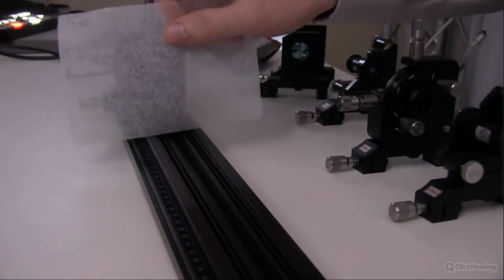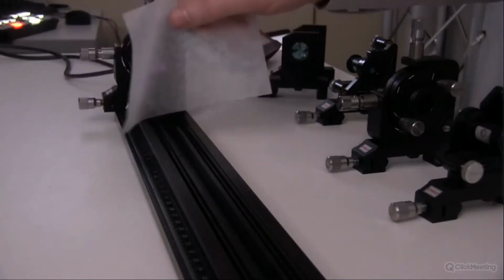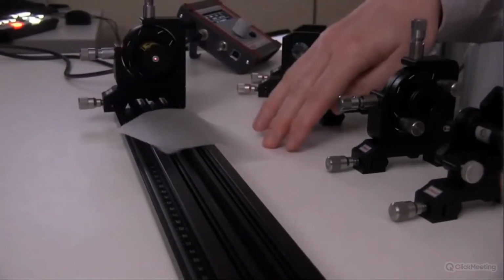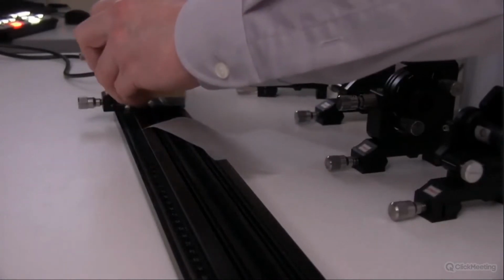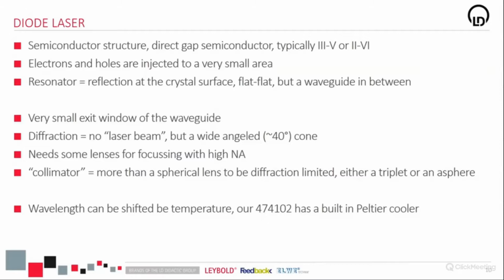The reason why this happens is quite simple and can be best explained in a short slide. We have a diode laser here, which is a semiconductor structure, and it is a very small semiconductor structure in the end. It's just about 2 or 3 microns wide, and what we get is a diffraction at the output of this laser diode.